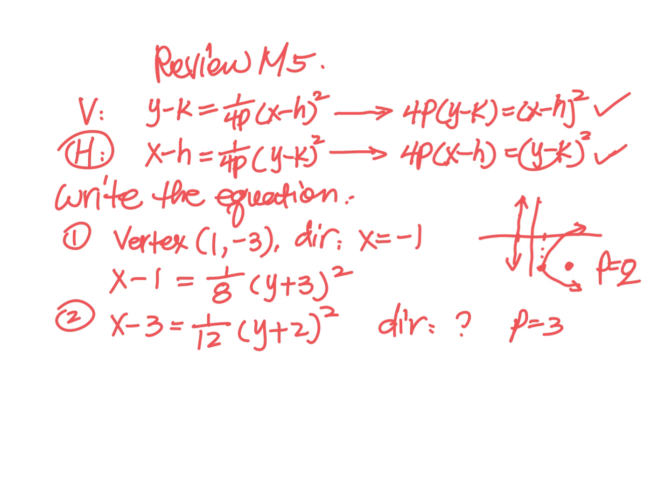So all I need to do is find the vertex. I know it's positive and opens to the right again. So the vertex is 3, negative 2, right here, opening to the right. And the directrix, if p is 3, is just the y-axis. How do I write the y-axis? x equals 0. So that's my directrix.